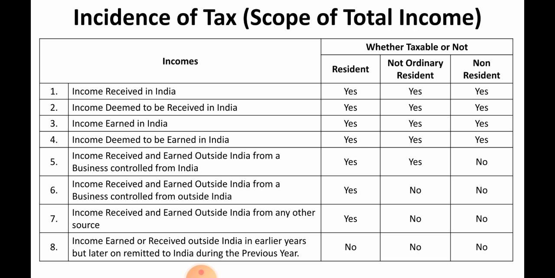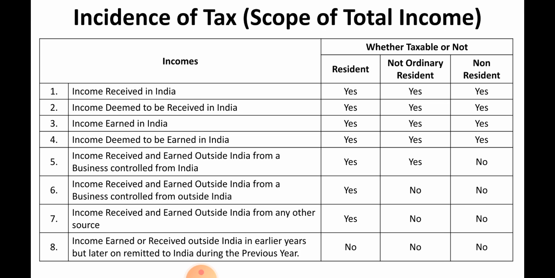The incidence of tax is also summarized here, like the scope of total income. You can also understand with the help of this table, for which person it is taxable or not. Here it is clearly mentioned in the table, as there are three types of person: resident, not ordinarily resident, non-resident.